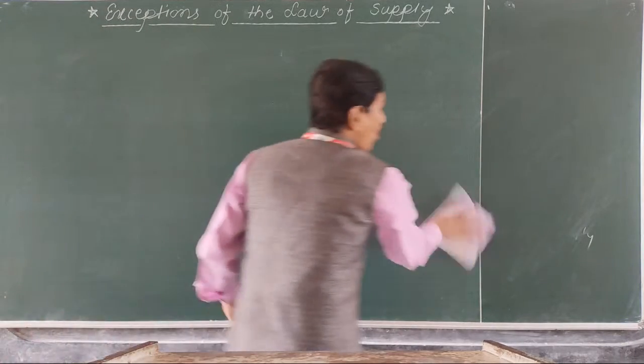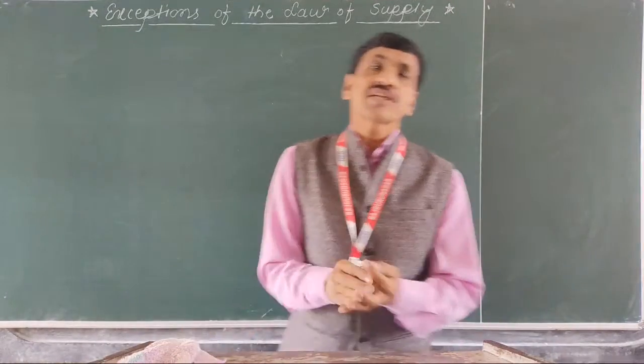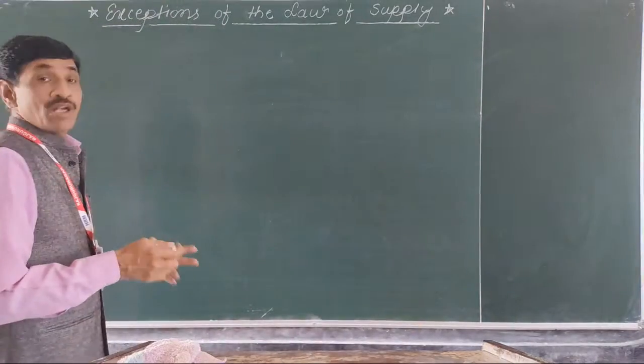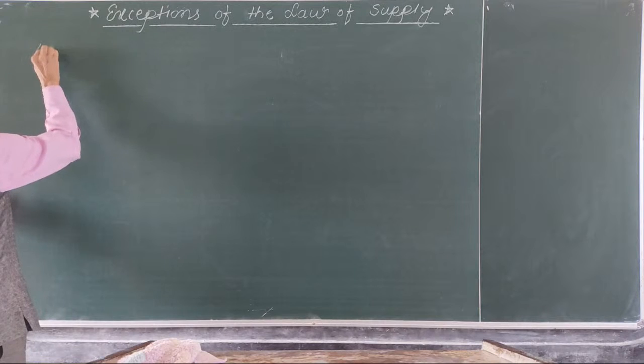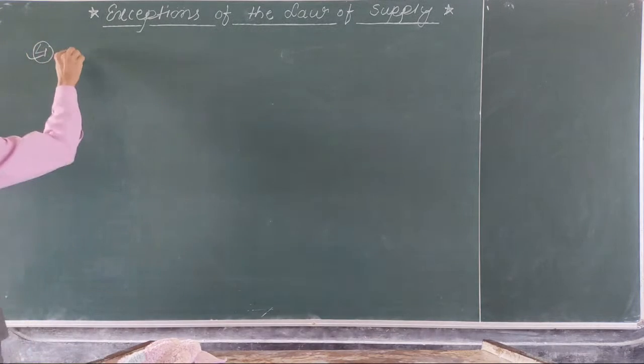In the law of demand, a very important exception is the Giffen paradox, and a very important exception to the law of supply, number 4, is supply of labor.